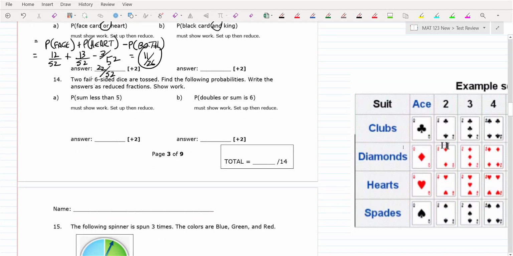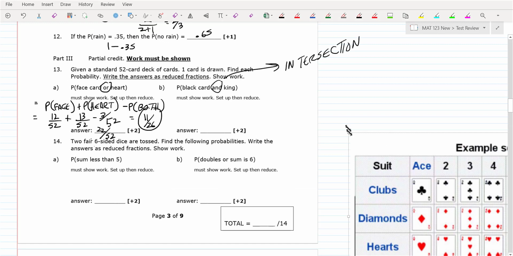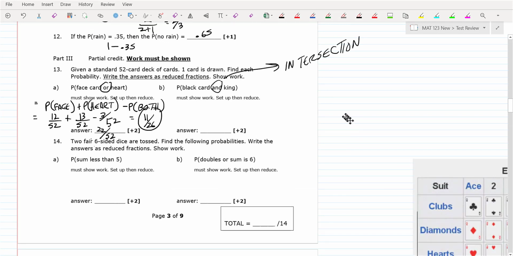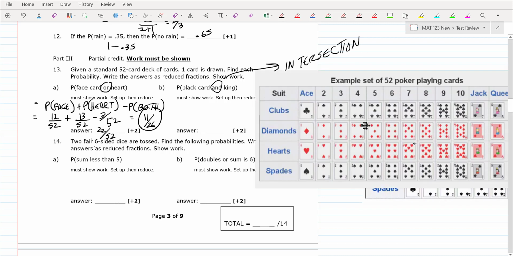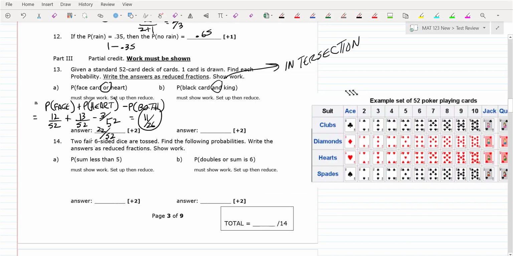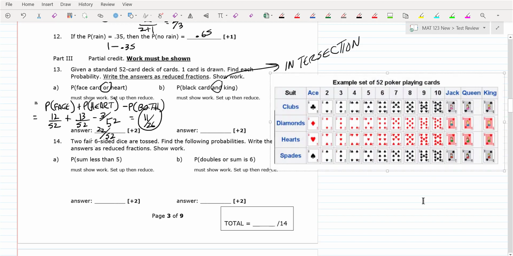Okay, this is an AND probability, so what it's talking about is an intersection. So basically, your total focus on this problem is thinking about what the intersection of these two sets is. Okay, so this is the way I would look at this.